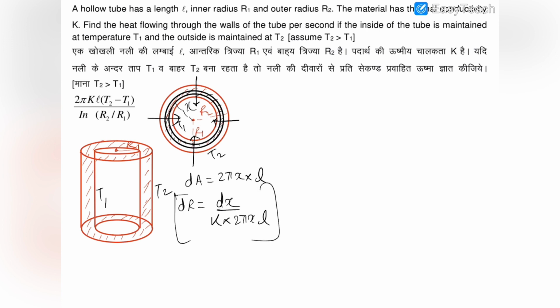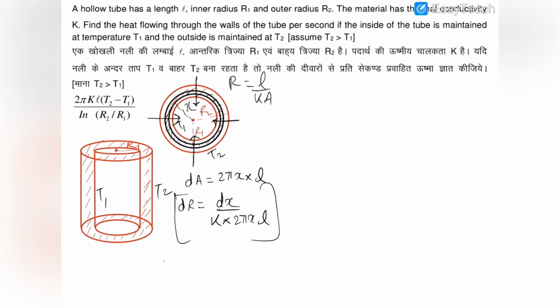You can imagine that if heat is flowing through this thin cylinder like that, then the length we use in resistance, R is equal to L by KA. So L is that length through which heat is flowing. Heat is flowing from this part in this direction, therefore this length is dx, and the area is 2 pi xl, and K is the thermal conductivity.